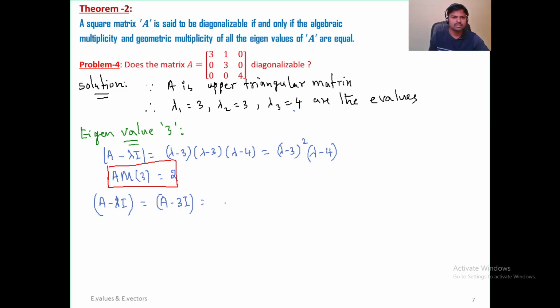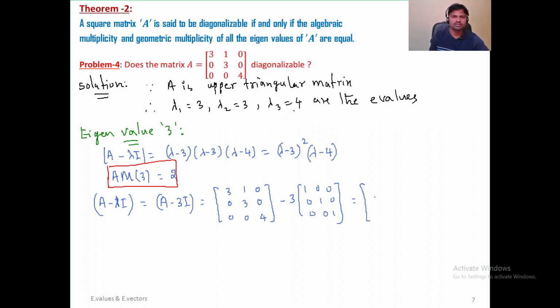This is matrix A, 3 1 0, 0 3 0, 0 0 4, minus 3 times the identity matrix. Now simplify this.